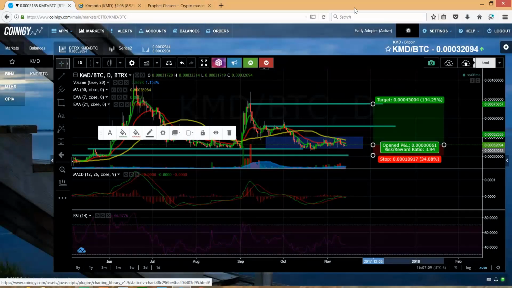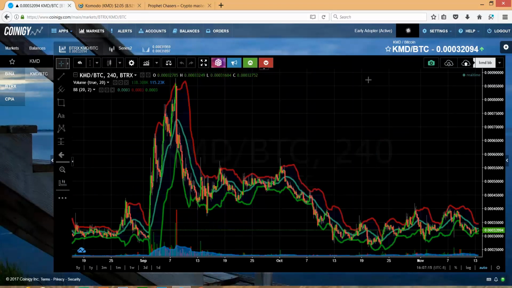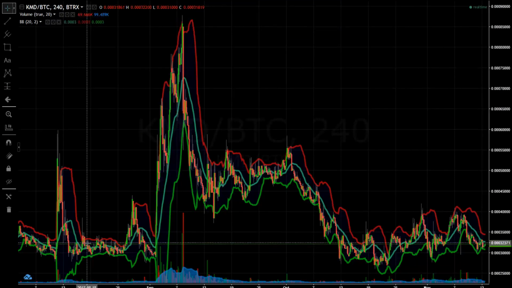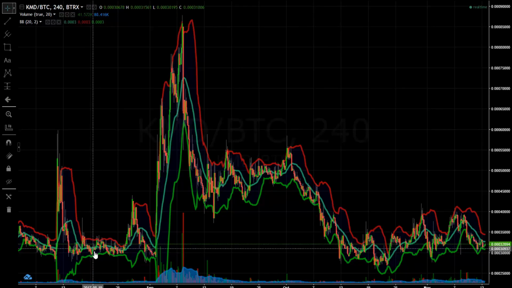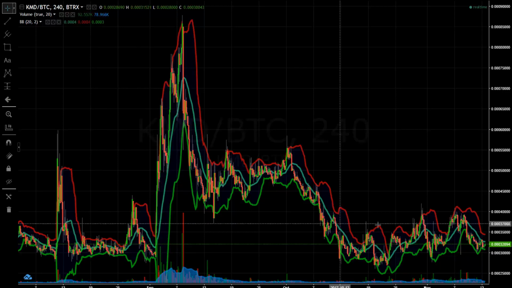Let me show you another indicator that shows why it might be something to look into. Same thing, this is a 4-hour chart now, and we're looking at the Bollinger Bands, and we see this. Whenever you see a squeeze and then you see high volatility, it's usually a pump.